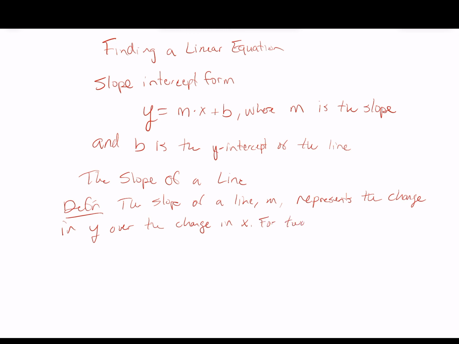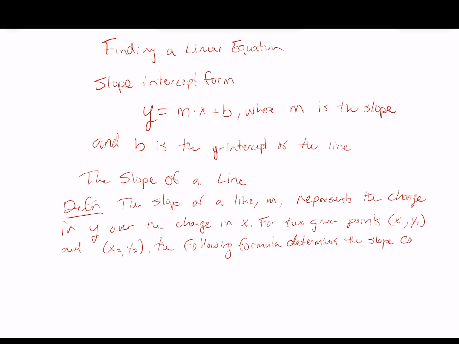For two given points, x subscript 1, y subscript 1, and x subscript 2, y subscript 2, the following formula determines the slope of the line containing both points.